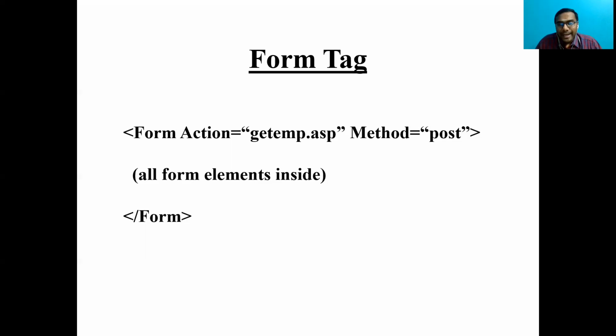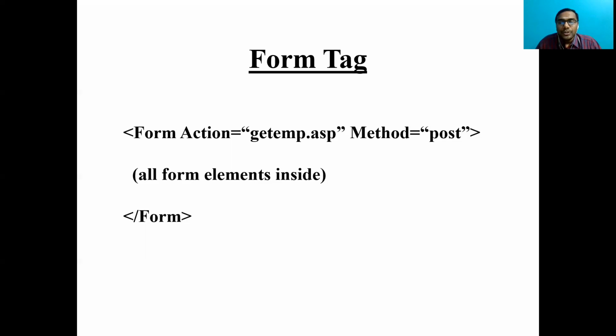Form action: I told you two attributes, one is action, another one is method. Form action is equal to the destination URL you have to specify, such as filename.asp or filename.php, any file extension. Method is equal to either the get method or post method.